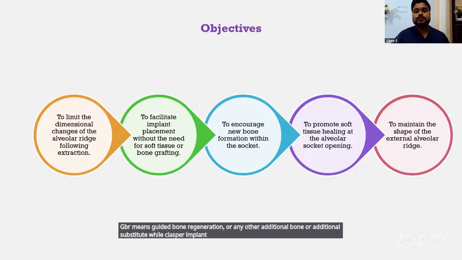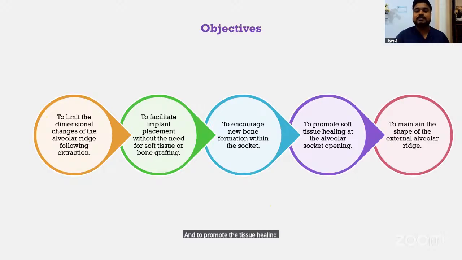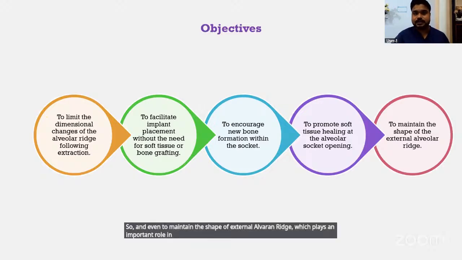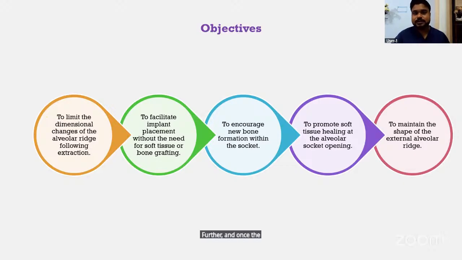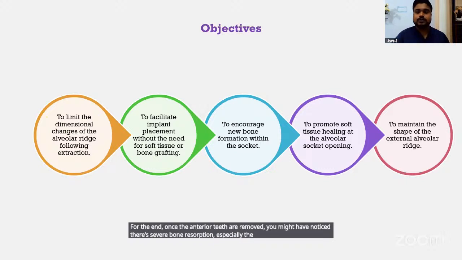It also encourages new bone formation within the socket and promotes tissue healing at the time of alveolar socket opening, and maintains the shape of the external alveolar ridge, which plays an important role in the anterior teeth. Once the anterior teeth are removed, you might have noticed severe bone resorption, especially of the facial bone. So, to maintain the proper amount of bone structure for the future teeth placement, we need to preserve the bone.